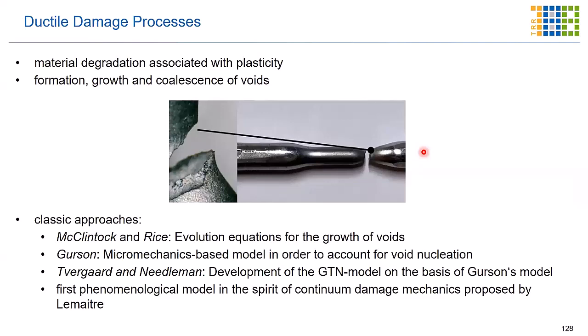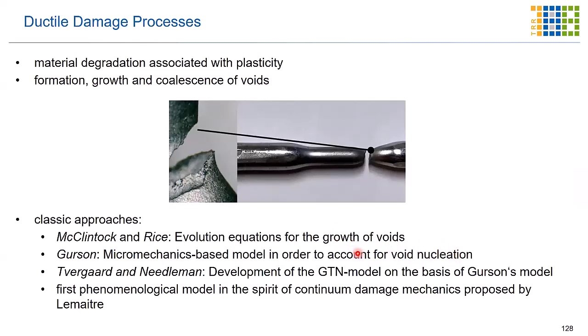Classic approaches are found then for the evolution, for this growth of voids, such that for the model we set up equations that predict how much void volume or area you may expect. Then voids do not only grow, they also nucleate, so they have to start somewhere.